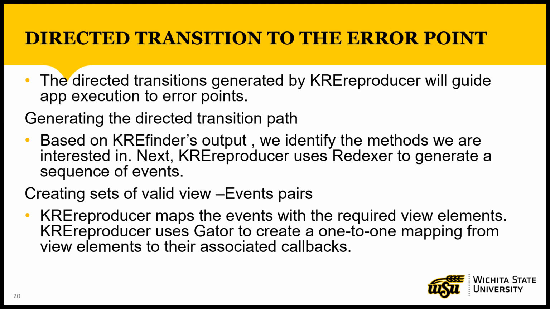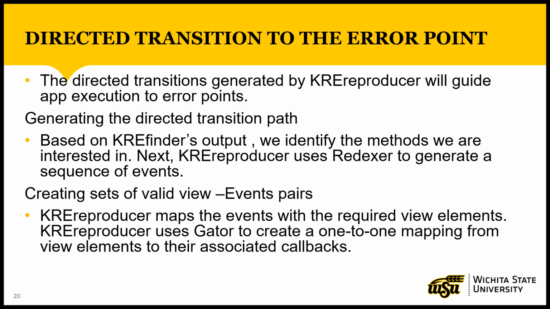Generating the directed transition path. Based on KRE Finder's output, we identify the methods we are interested in. Next, KRE reproducer uses Redexer to generate a sequence of events starting from the application's home screen that will provide directed transitions to the methods specified, creating sets of valid view event pairs.